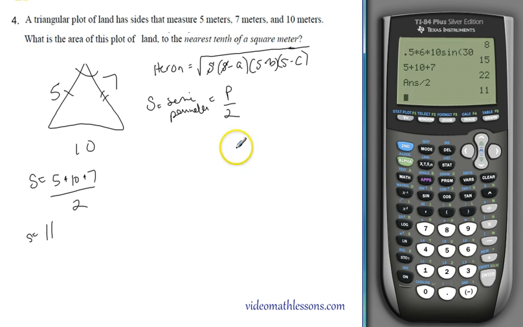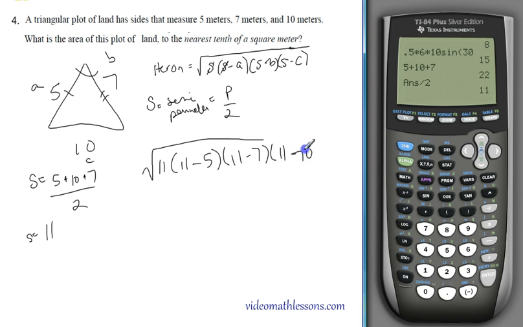So now I'm going to put it in Hero's formula. Okay, big radical. So it's 11 times parentheses 11 minus 5, times 11 minus 7, times 11 minus 10. I don't care who A, B, and C are. This whole thing goes in the calculator, one shot with parentheses.